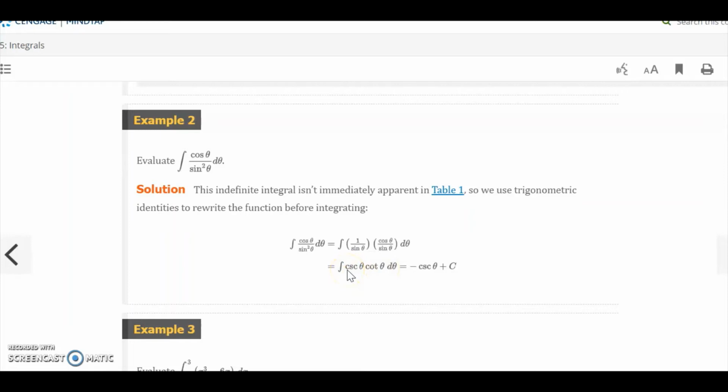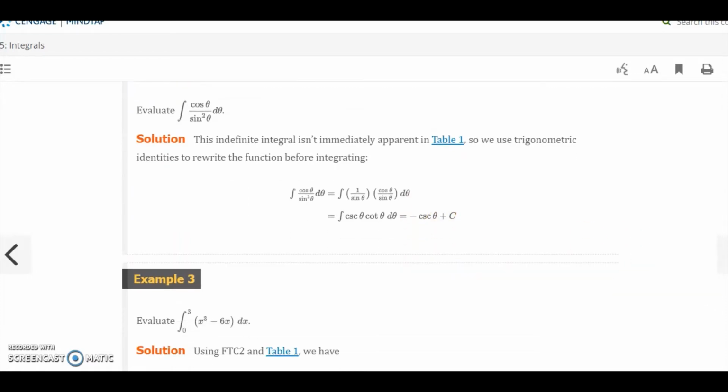And looking back at your antiderivatives, cosecant theta cotangent theta, the antiderivative is minus cosecant theta plus c. And again, you can check this by taking the derivative of the antiderivative, and you get back to cosecant theta cotangent theta, which is what we want.